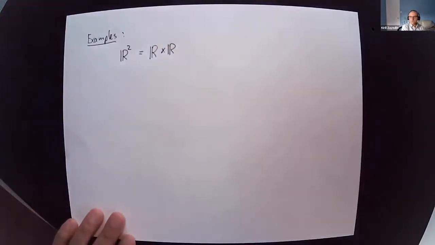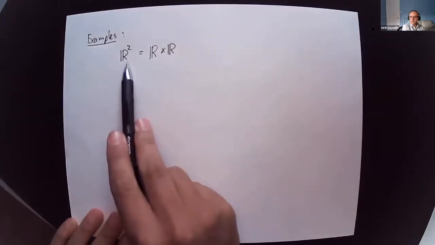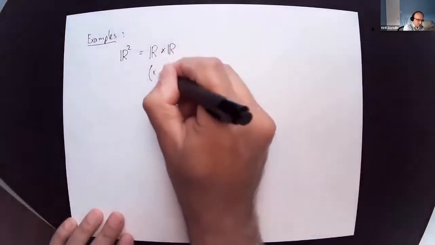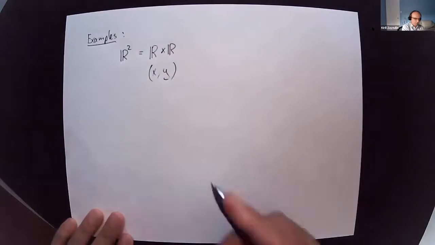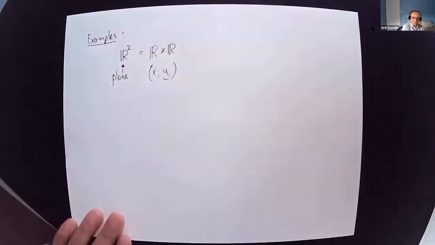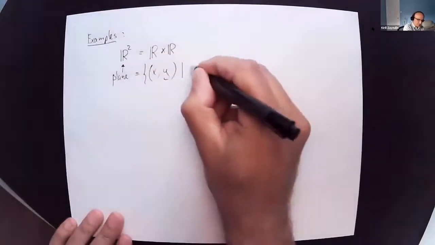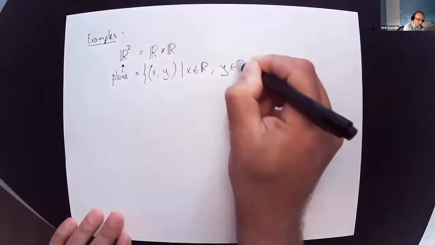That's what we all remember from the first year linear algebra, because each element of this set is precisely this X, comma Y. It's a point on the plane, right? Because this is a plane here. And it consists of all points like this, from the first coordinate and from the second coordinate.